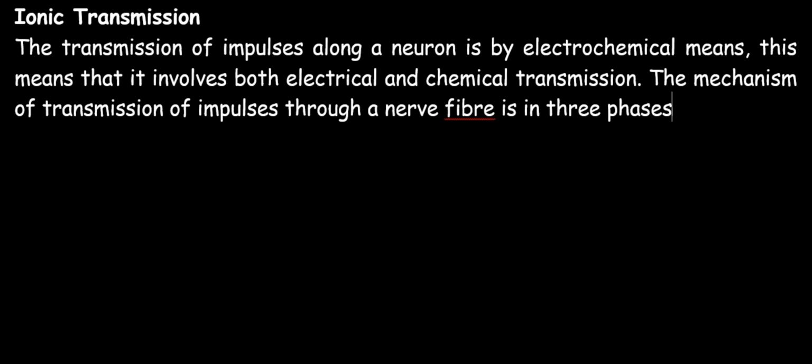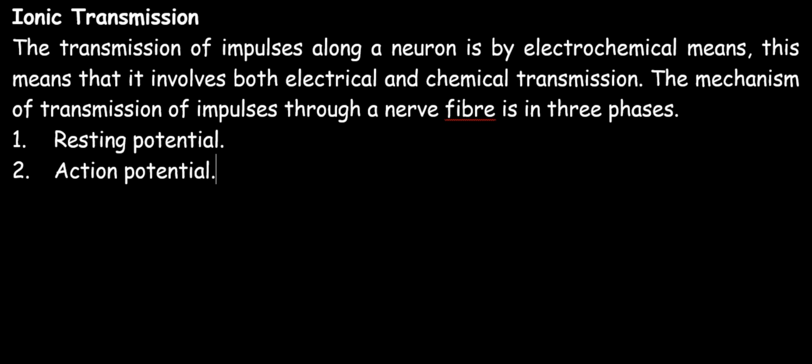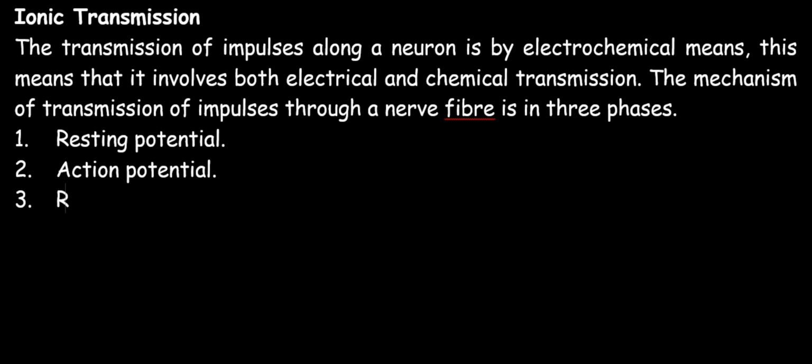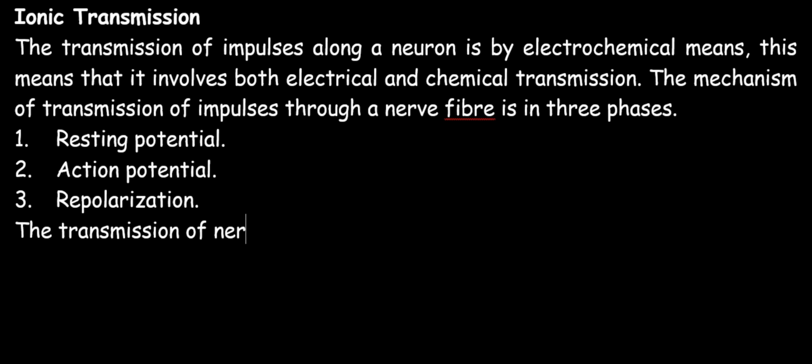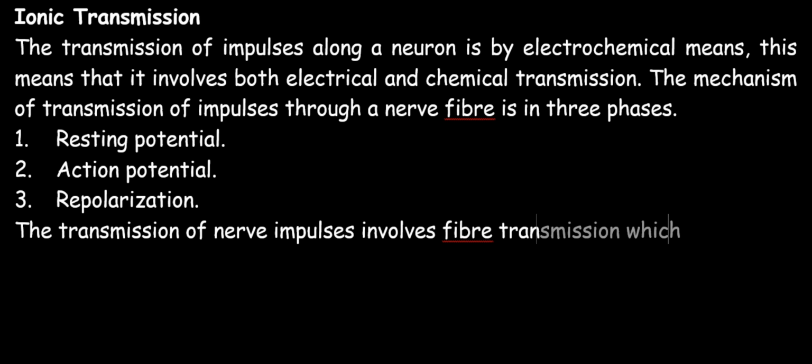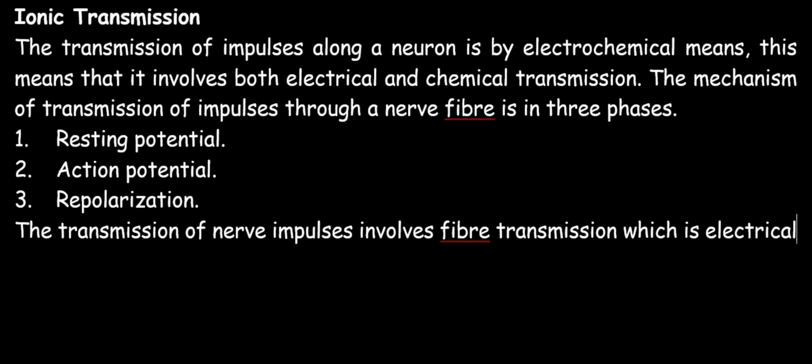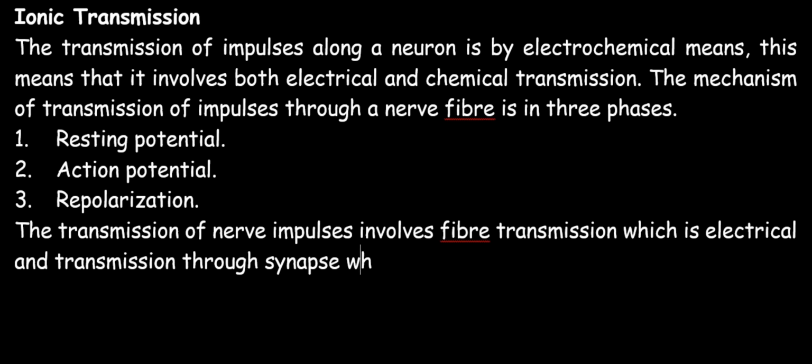These 3 phases include the following. Number 1, the resting potential. Number 2, the action potential. Number 3, the repolarization phase. The transmission of nerve impulses involves fiber transmission, which is electrical, and transmission through synapse, which is chemical, and that is why it is an electrochemical process.